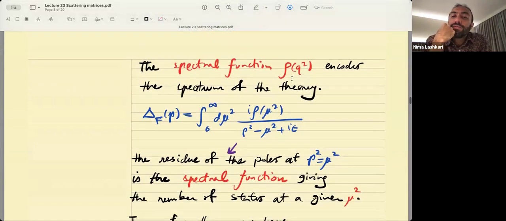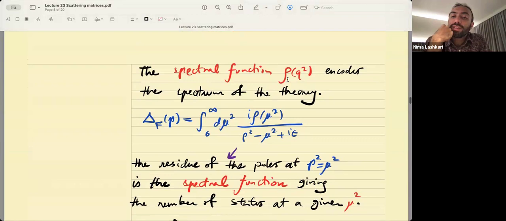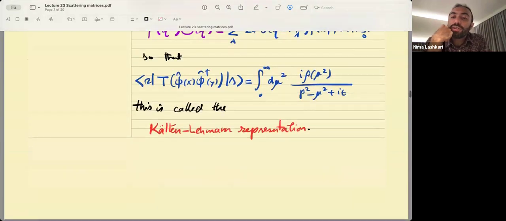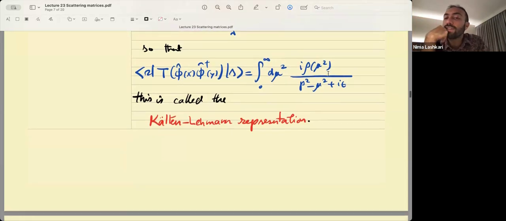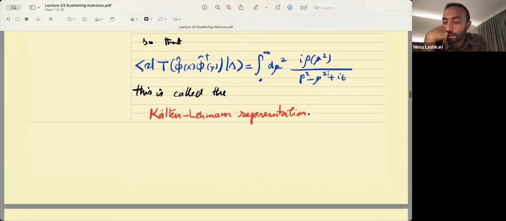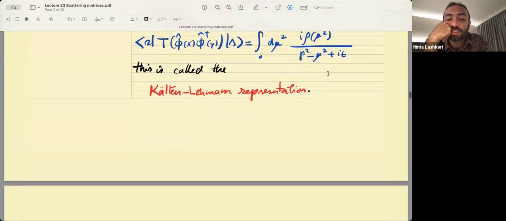So the spectral function rho of q squared encodes the spectrum of the theory, right? Because basically, if this rho of q squared is a bunch of Dirac delta functions, it tells you about all the different energy eigenstates of the Hamiltonian. We'll see in a second that it's more complicated. You could actually easily already see that it's not a bunch of Dirac delta functions.